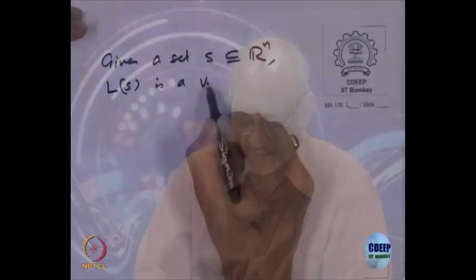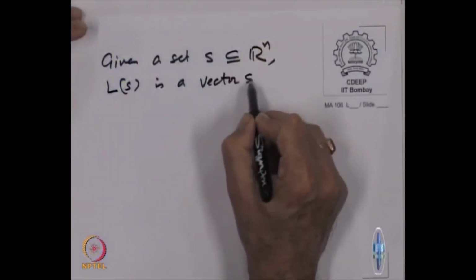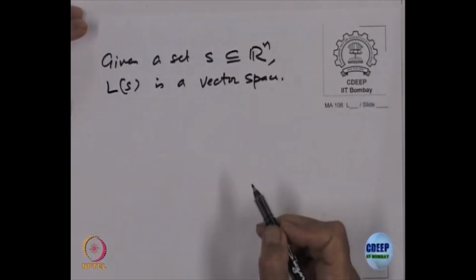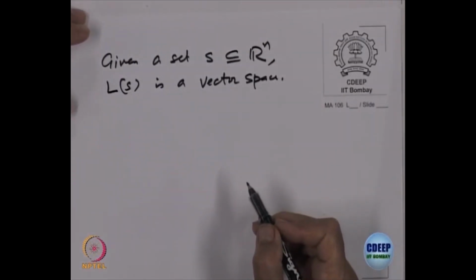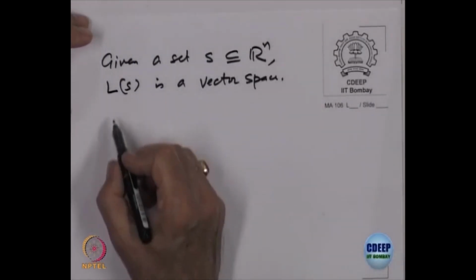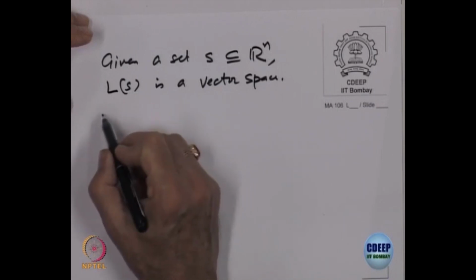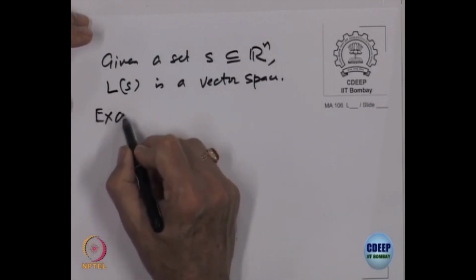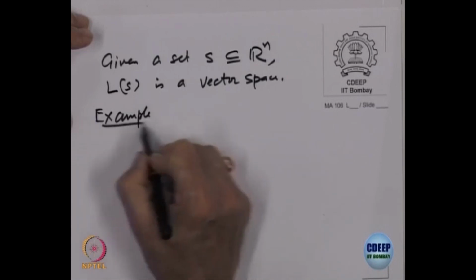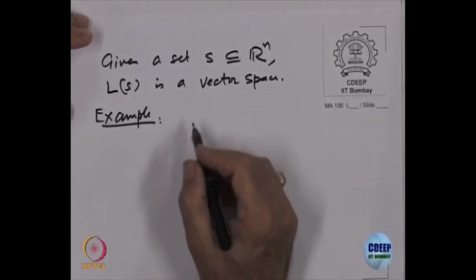So, given a set S contained in R, L of S is a vector space. Right. So, let us go back and write that example which I just now said. Examples.